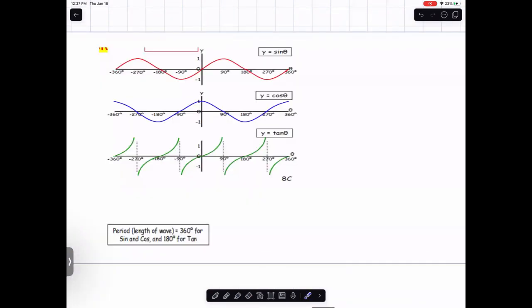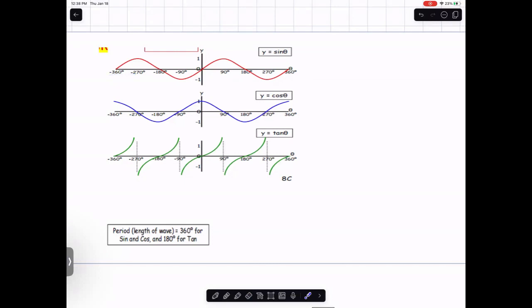So this is the graph we drew for our sine theta, and this is our cos theta graph, and this is our tan theta graph. So what I want us to take note of here is the period, which is the length of the wave, is 360 degrees for sine and cos. So we have the length of our wave here as 360 for sine and cos.